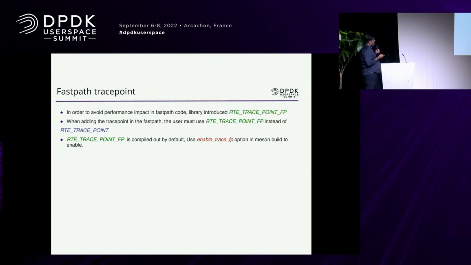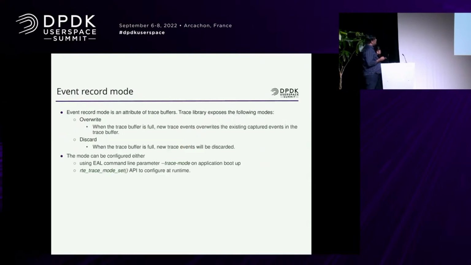So that's the one you need to use for the fast path. And by default, it's disabled or compiled out. You can use a Meson option, enable_trace_fp, to enable this kind of fast path traces, so that we are adding zero overhead to the DPDK library for whoever does not want to use trace.